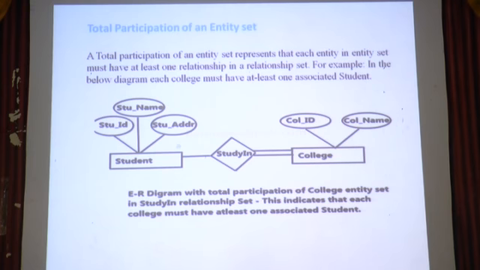So each and every student studies in a college. So this is the example for total participation of the college entity set in the study in relationship. This is the total participation of an entity set that is represented by a double line.